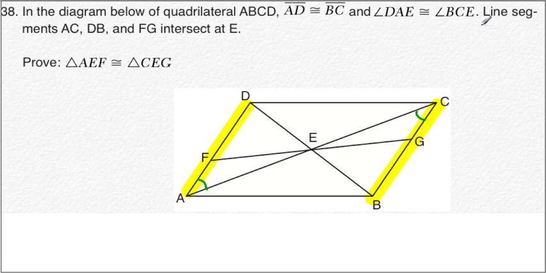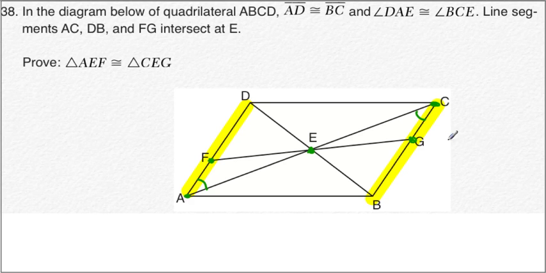Now, other line segments are intersecting at E. We want to show the triangle AEF, which means the small triangle over here has to be congruent to CEG right over here, the upper right corner.